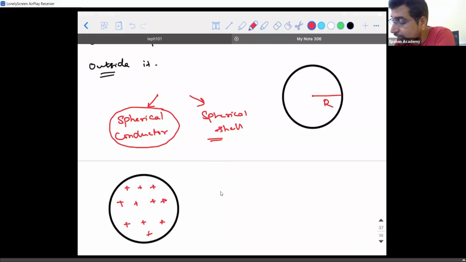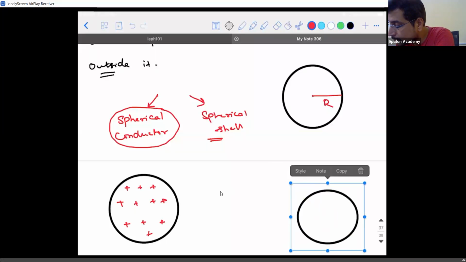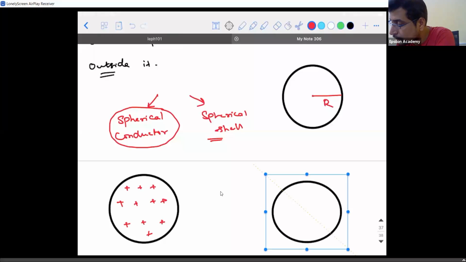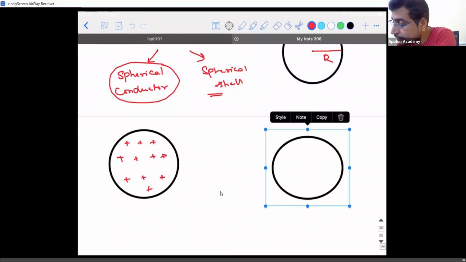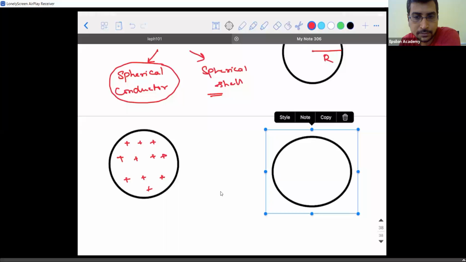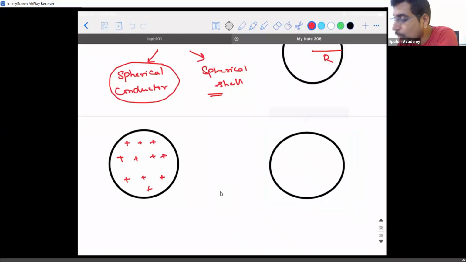Whereas when I say it is a spherical shell, then what do I mean? Inside there can be another sphere, or what I can say is it will be hollow inside. So when it is hollow, there is no mass. When there is no mass, there is no transfer of charge. So whatever charge you try to give to a spherical shell, where will it get stored?